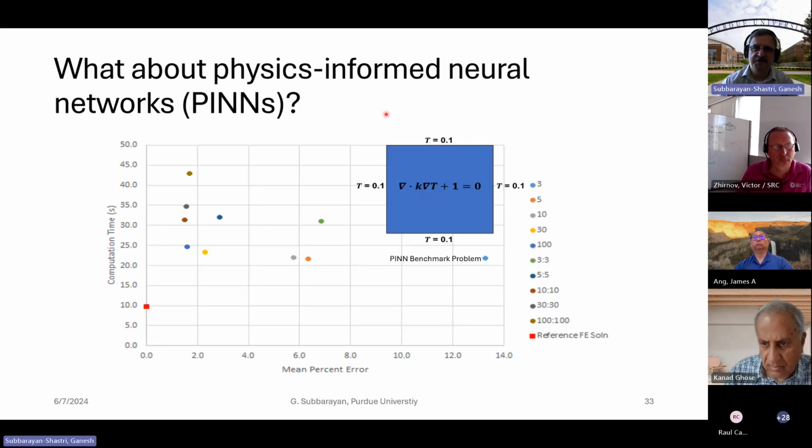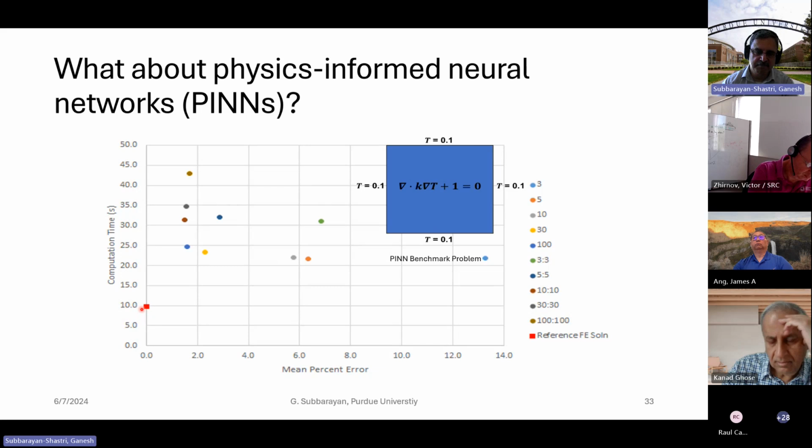What about physics-informed neural networks? PINNs. This is more recent. It's unpublished work. So here is a very simple heat conduction example with Dirichlet boundary conditions on four sides. We have the heat conduction equation, and we tried different PINN architectures with single hidden layers, two hidden layers with varying hidden neurons, and there is a reference FE solution.